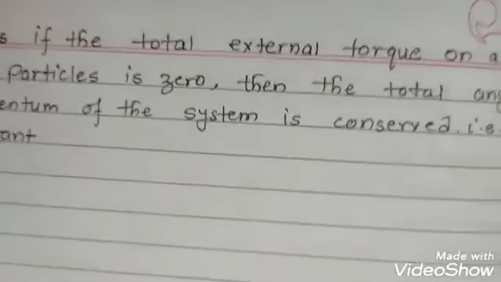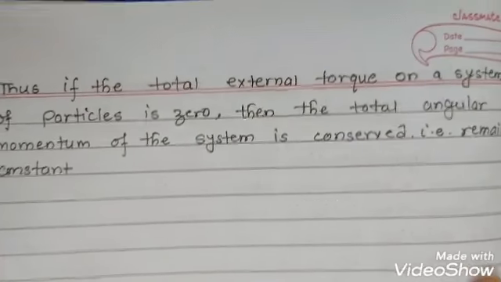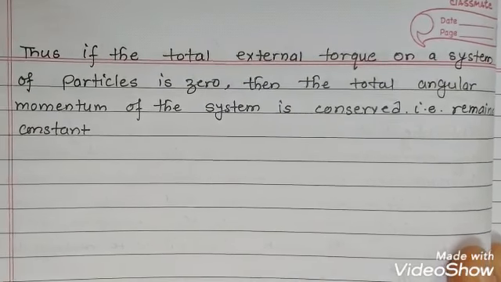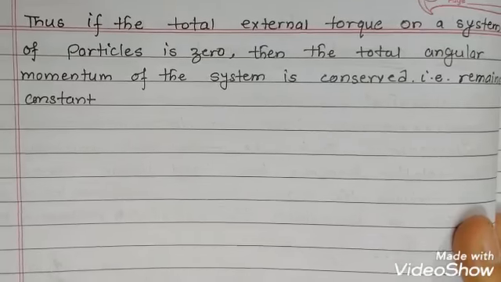That means, thus, if the total external torque on a system of particles is 0, then the total angular momentum of the system is conserved and remains constant.